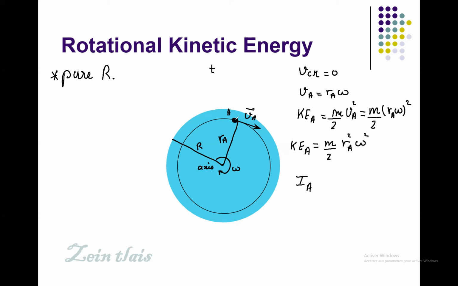Okay, I ask you, what about the moment of inertia of the element A? You know, I take a small element of the total object. We have a disk and a small element turns about the axis. What about I? You know, I equals to I cm of the point A plus the mass of the element A times d square.